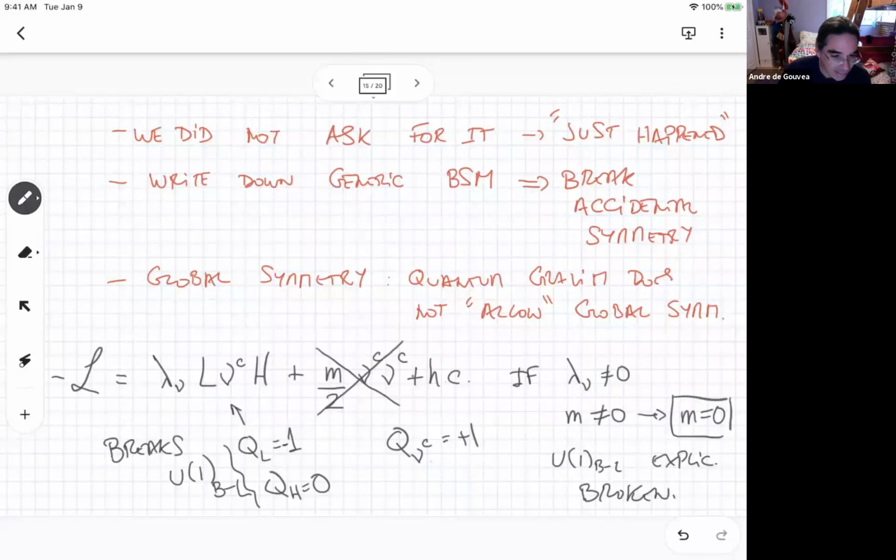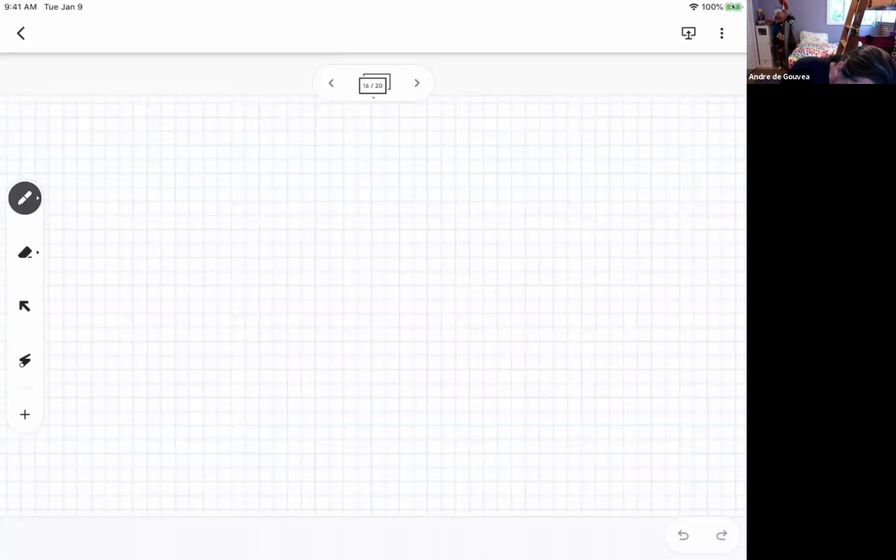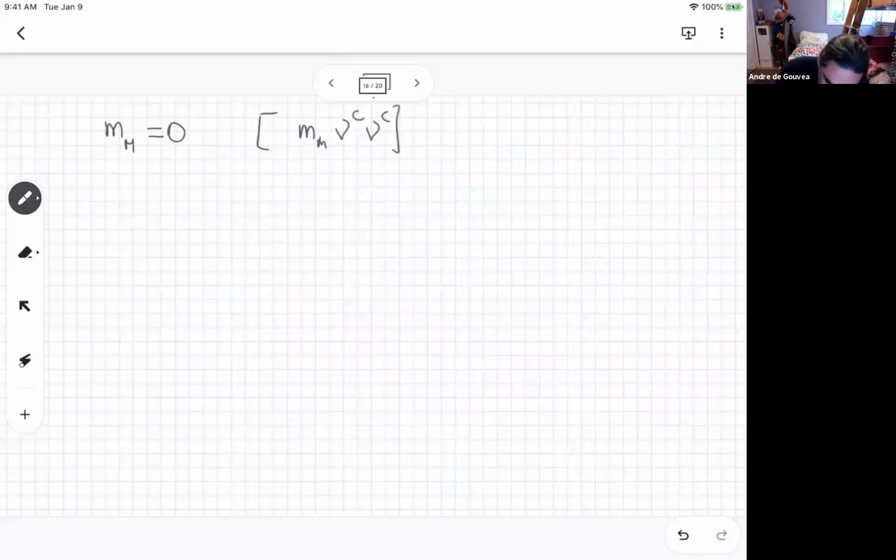And that's sort of the avenue that we would like to go down. Now, if you choose M equals 0, so remember, these are the right-handed neutrino masses, from this term here, then the neutrinos are Dirac fermions.